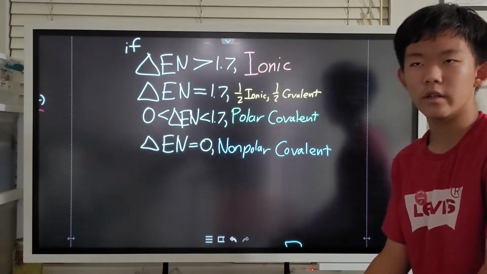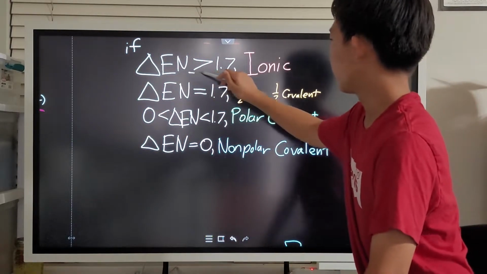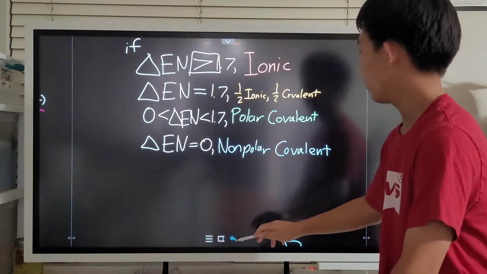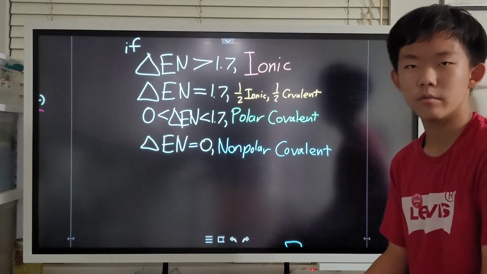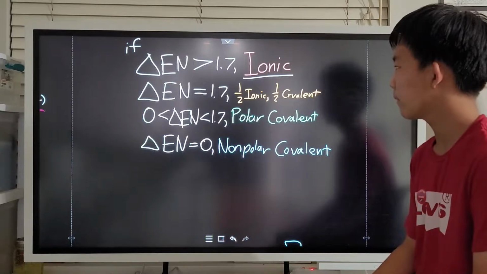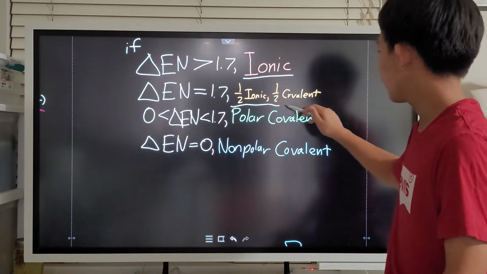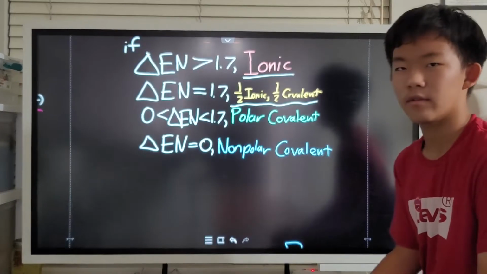Now here's a little extra info for those of you who are wondering. If delta EN is greater than, not greater than or equal to, greater than 1.7, the bond is considered ionic. If delta EN is equal to 1.7, then it's considered to be half ionic and half covalent.